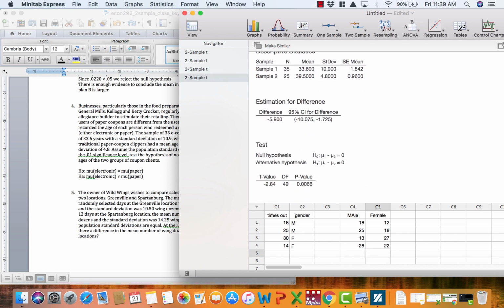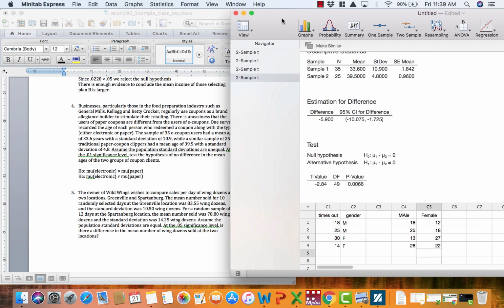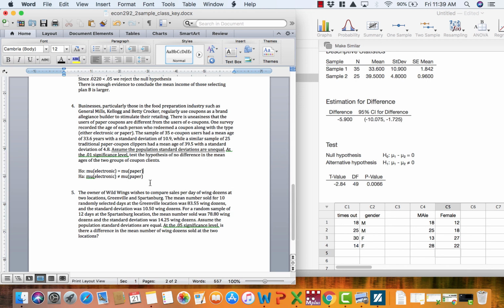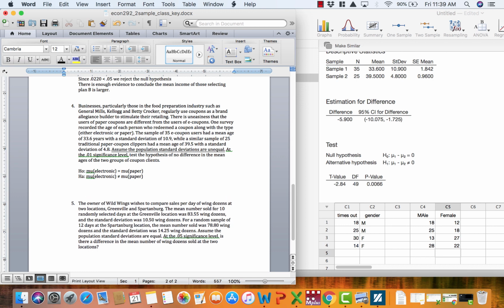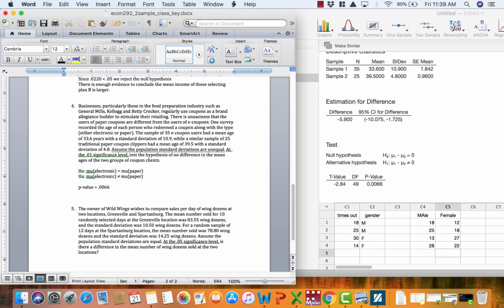Notice our alternative matches what we have in our Word document, and we get a p-value of 0.0066. What's our decision? Since 0.0066 is less than 0.01, we reject the null hypothesis.